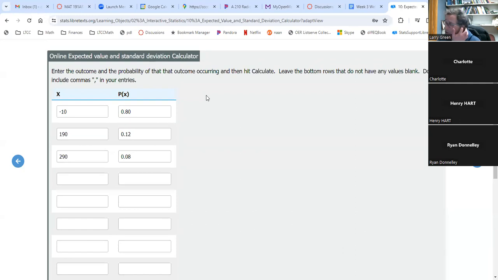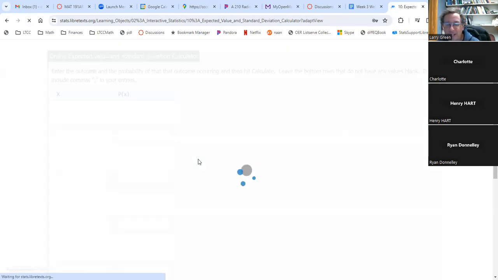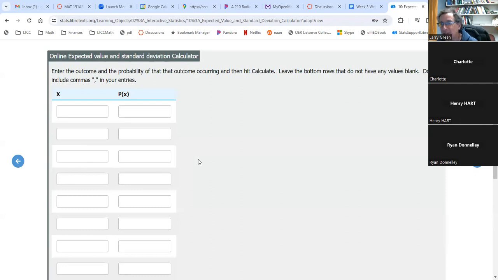So one thing to do for the calculator, if you want to erase these, you could backspace all this. The easiest is to hit refresh on your computer. When you hit refresh on the computer, it erases everything. So just to let you know, that works on all calculators, by the way. So the x could be negative 1,000, 49,000, or 99,000.